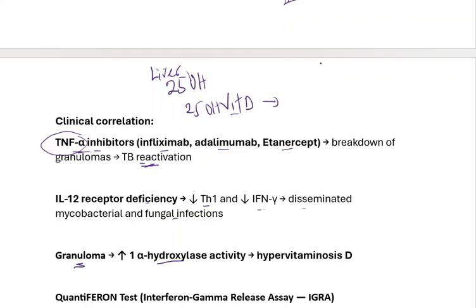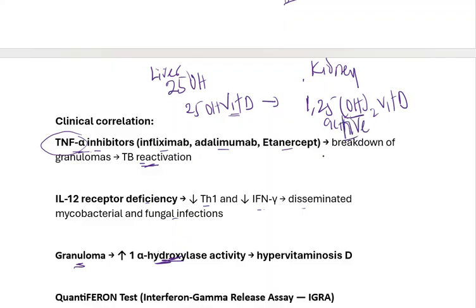And this now goes to the kidney. In the kidney, the 1-alpha hydroxylase hydroxylates it again, so that now we have 1,25 dihydroxy vitamin D, and this is the active vitamin D, right?